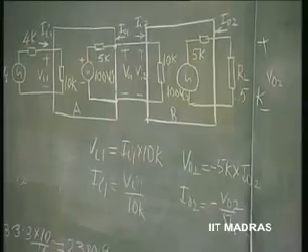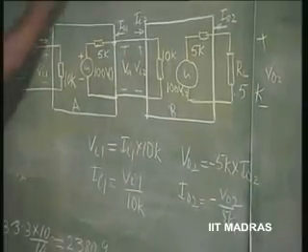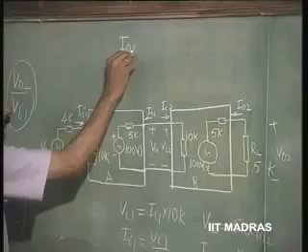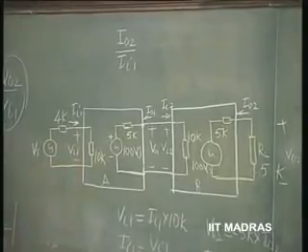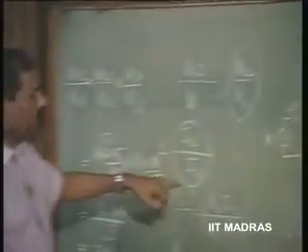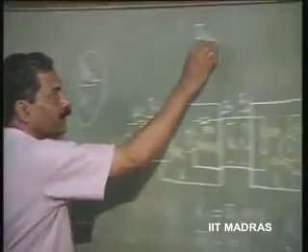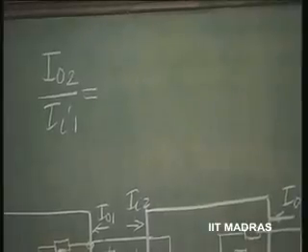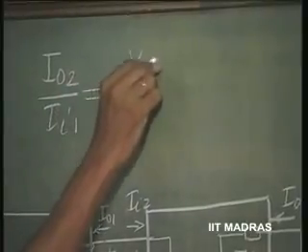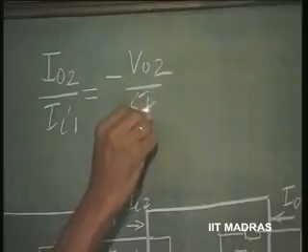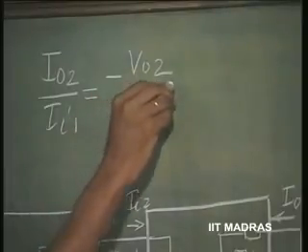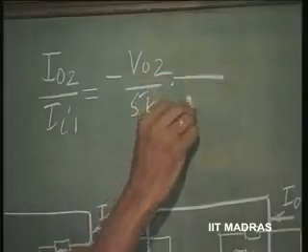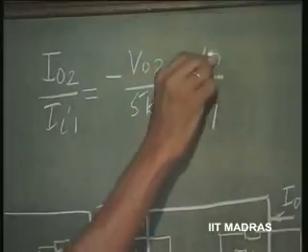So, what we want to now evaluate is I naught 2 divided by Ii1. So, that is going to be equal to minus V naught 2 by 5K, that is I naught 2, and Ii1 is Vi1 by 10K.